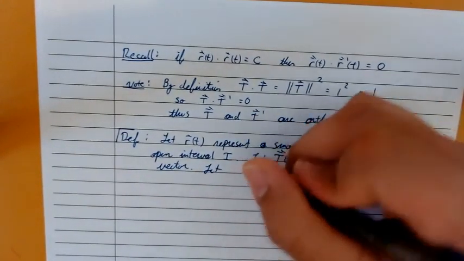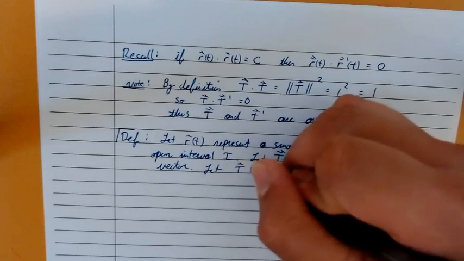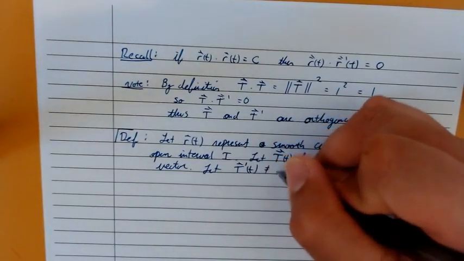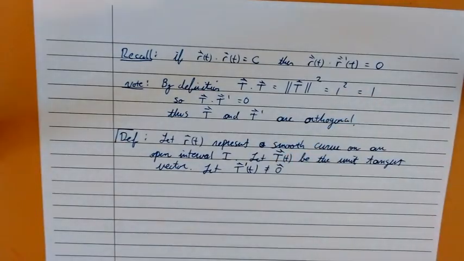Finally, let T prime at t not be identically the 0 vector. It can have 0 components, but it should not be the 0 vector.